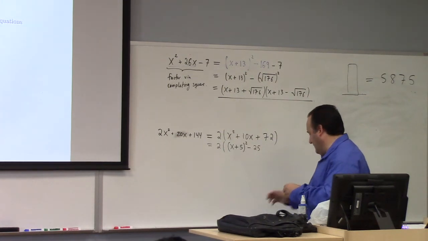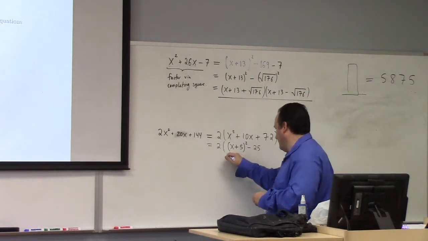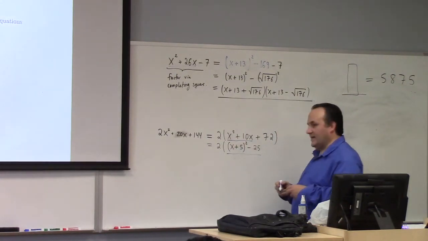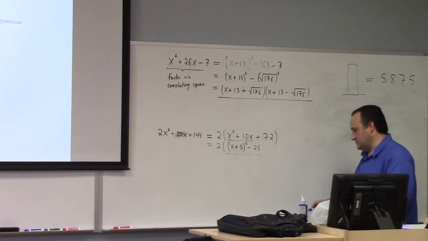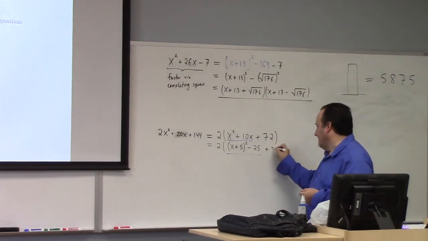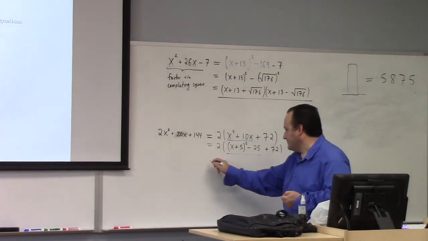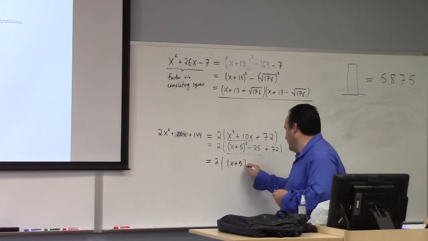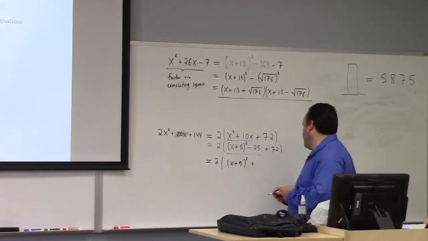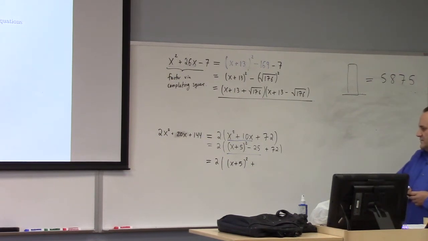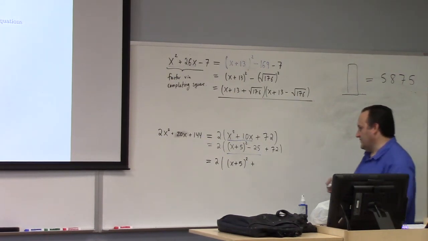All right, so what I have there, those two terms are exactly identical to the two terms I underlined above. It's an identity. And then I still have to add the 72. So what do I got? I've got 2 times x plus 5 squared plus, looks like, what's 25 taken away from 72? 47?